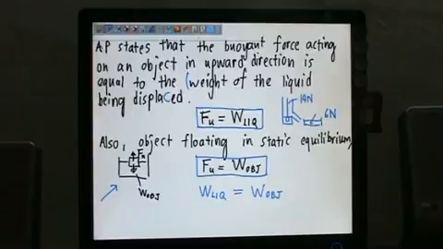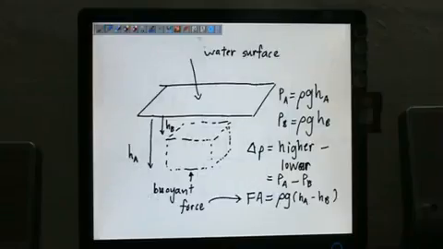The next step is we want to find out what we can derive from here. We use another blank page. So we have W object equals W liquid.